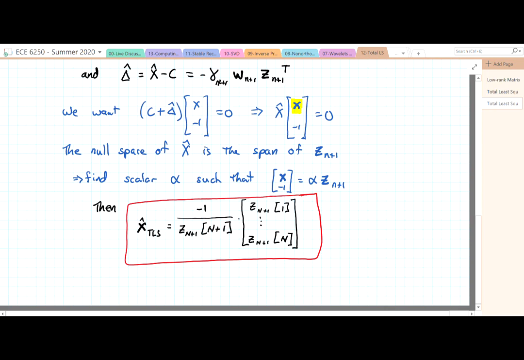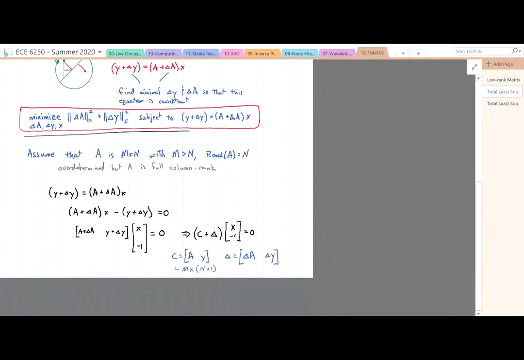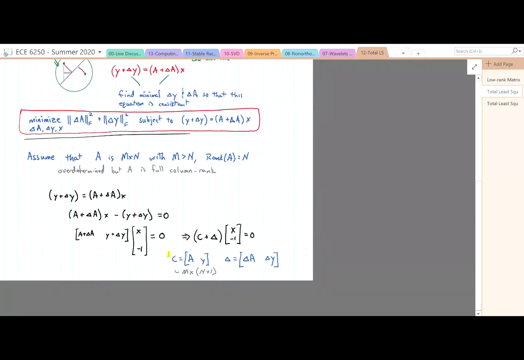To do this, it would be difficult by hand, but it's not that difficult in general. We've defined our C matrix previously right here.